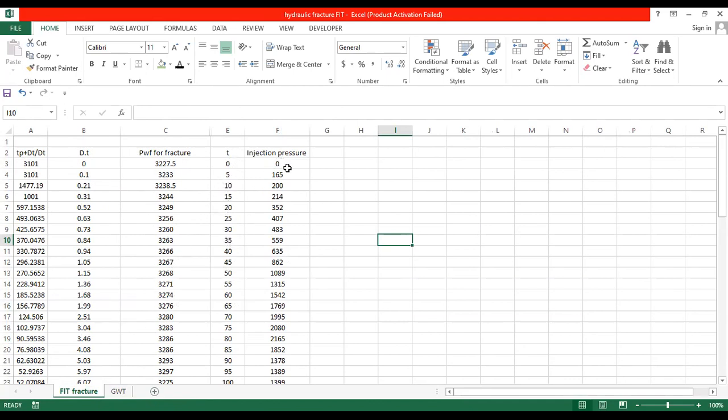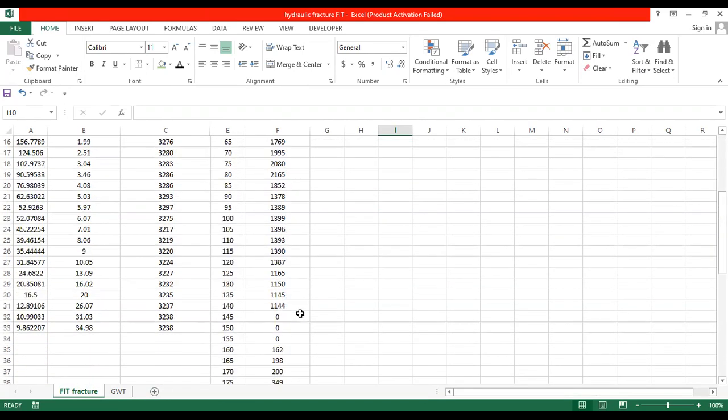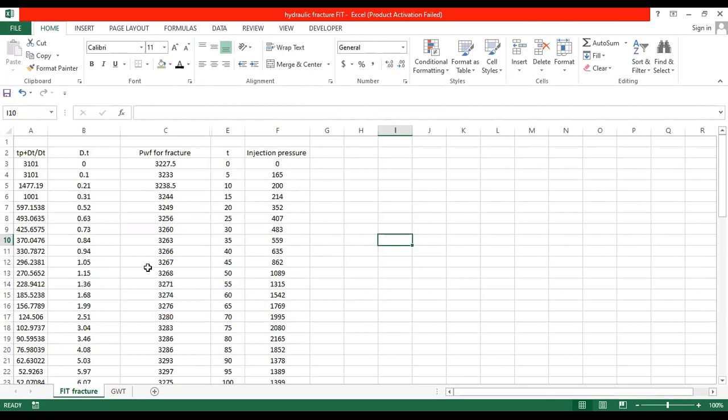So this is the injection pressure. Let us see what things we are able to estimate from this graph. First of all, we have to start constructing the pressure buildup test. That is TP plus delta T by delta T versus PWF. So I'm going to take this form on the y-axis, and this form on the x-axis.